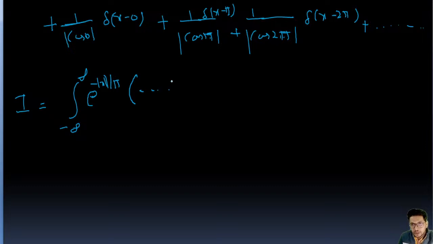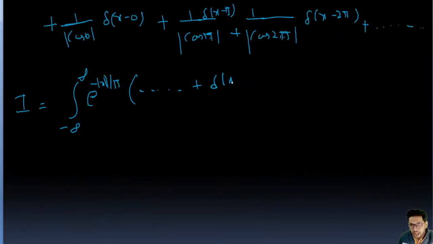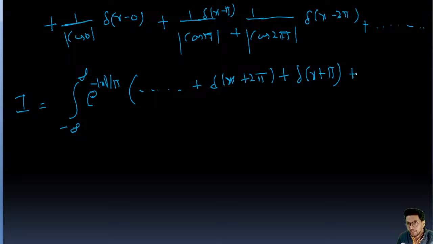This is going to be, first one, delta x plus 2 pi, plus delta x plus pi, because delta x minus minus pi is x plus pi, plus delta x, this one x minus 0, that is x, plus delta x minus pi plus delta x plus pi.